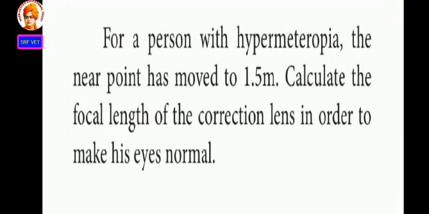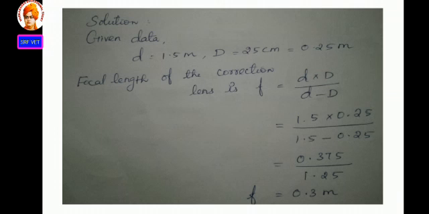For a person with hypermetropia, the near point has moved to 1.5 meter. Calculate the focal length of the correction lens in order to make his eye normal. Solution: given data, small d is equal to 1.5 meter, the distance at which the hypermetropic eye can see. Then capital D is equal to 25 centimeter, the least distance of distinct vision for a normal human eye.